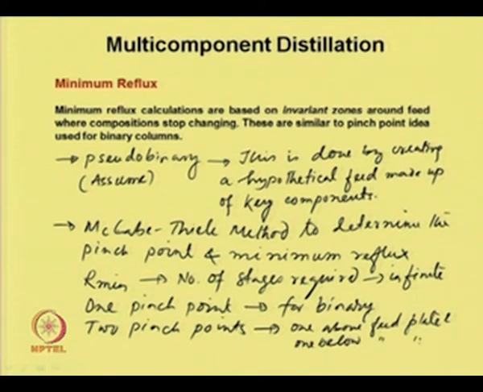The rigorous procedure can be applied to calculate R minimum by trial and error calculations, but that is very tedious for hand calculations. Often the minimum reflux ratio can be determined by the Underwood shortcut method.